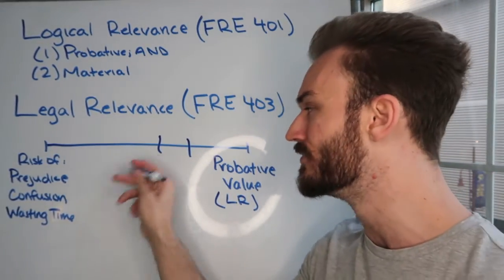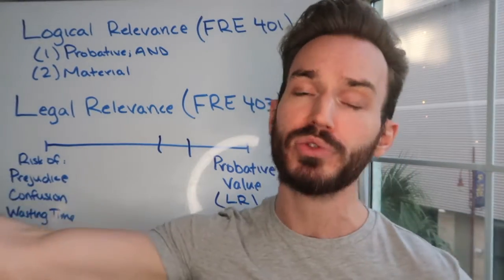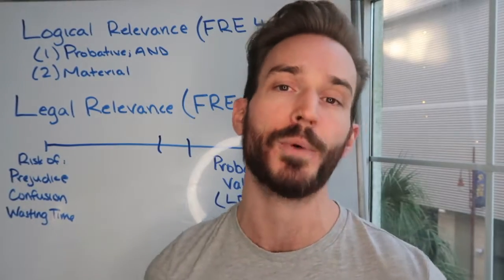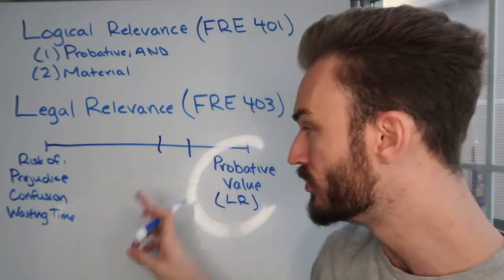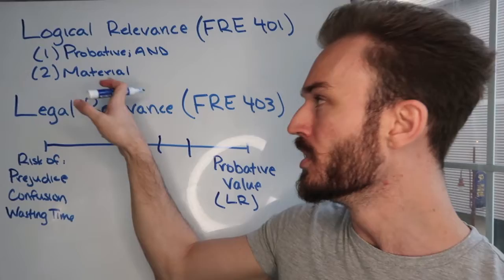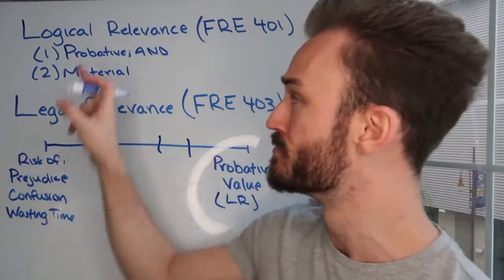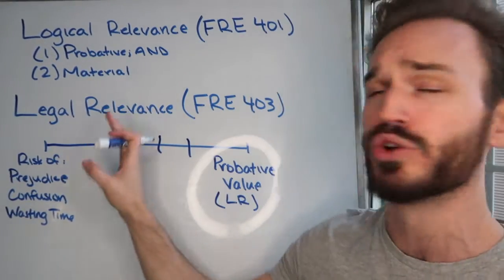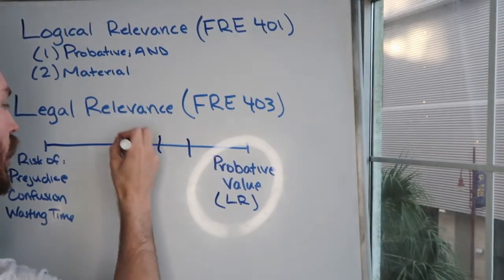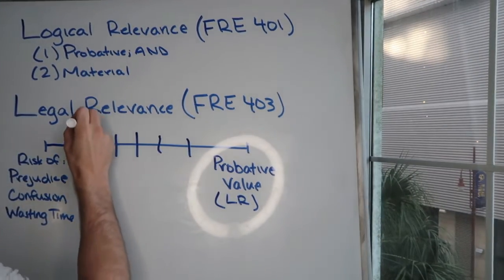Okay, but the next photo, how much more probable does an additional photo make that fact of suffering? Well, it's going to be less, right? The material aspect of it stays the same, but the probative value definitely decreases with the second photo. And it's going to decrease more with the third, the fourth, the fifth, the sixth, right?